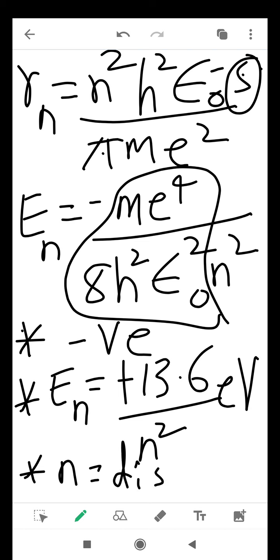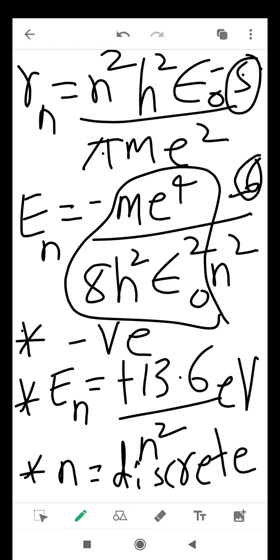So the energy of an electron in hydrogen atom is quantized. This is called Bohr's energy quantization. Call this equation number 6. Equation number 6 is said to be the total energy expression for an electron in an orbit of hydrogen atom.